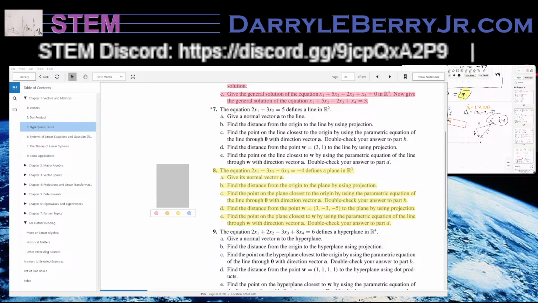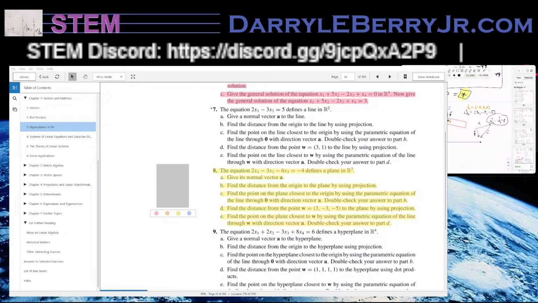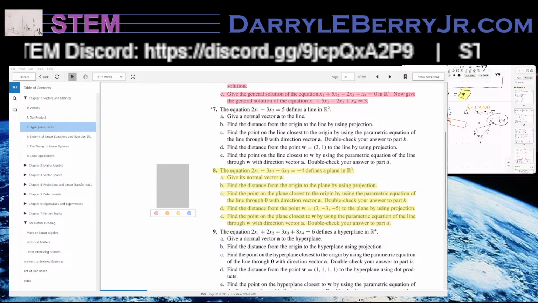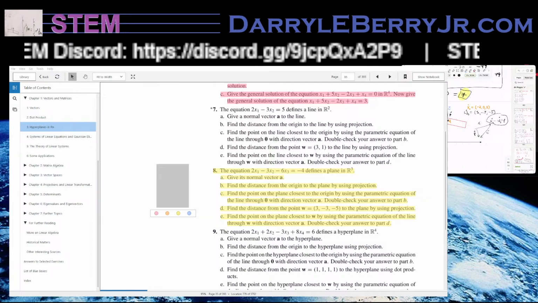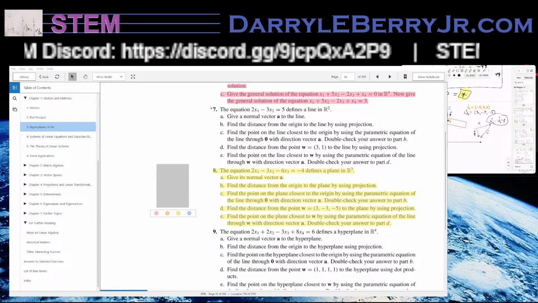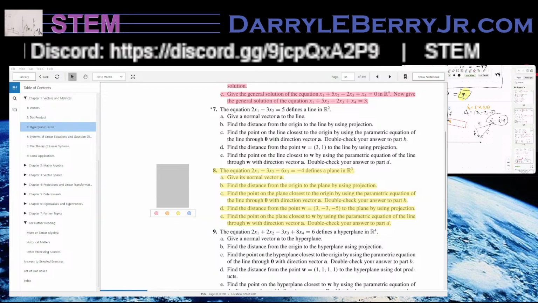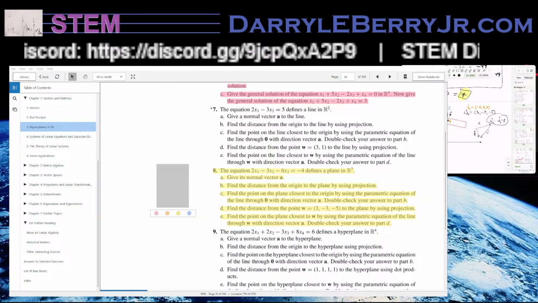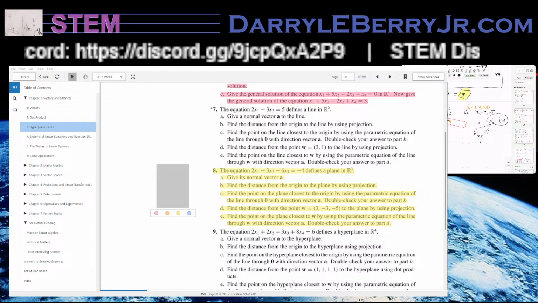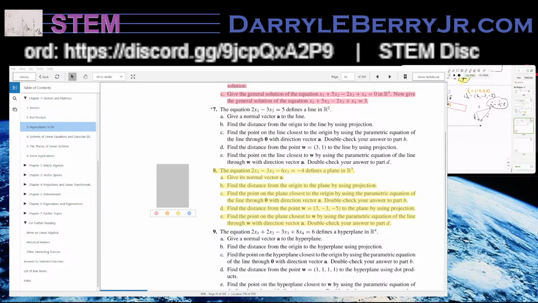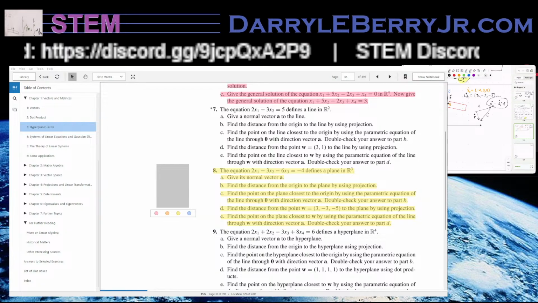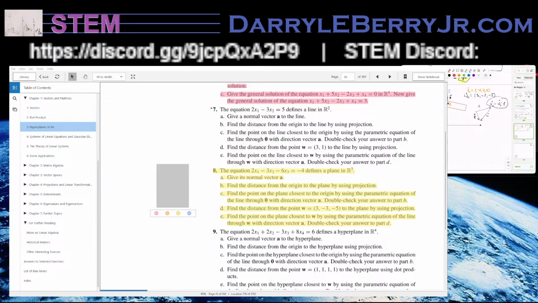And we can say that we know that this direction here is the normal direction, this line right here.